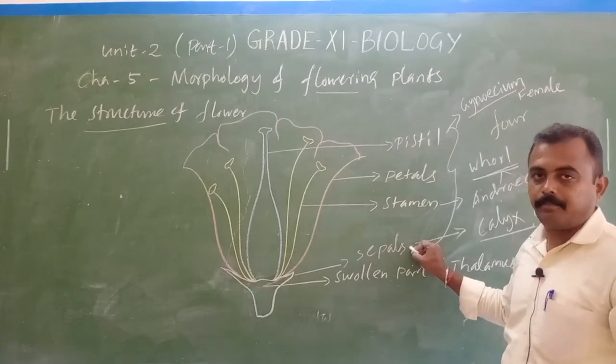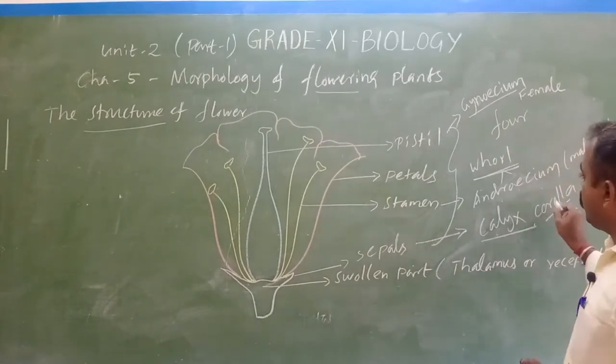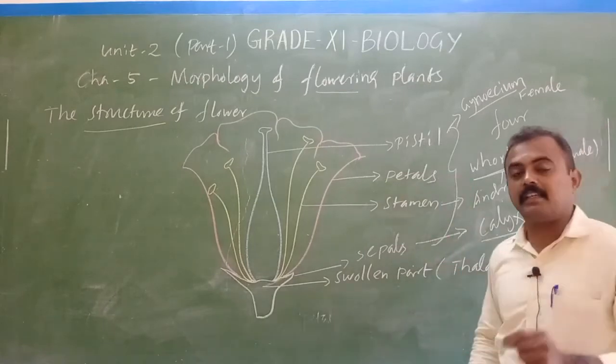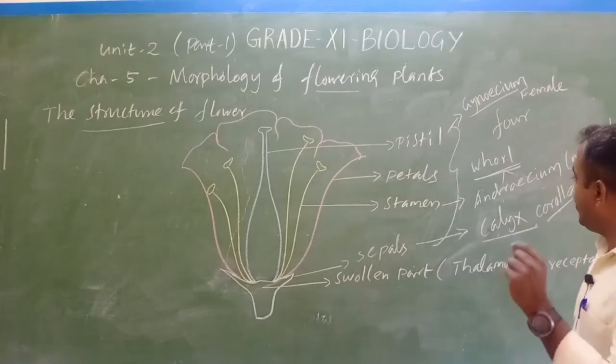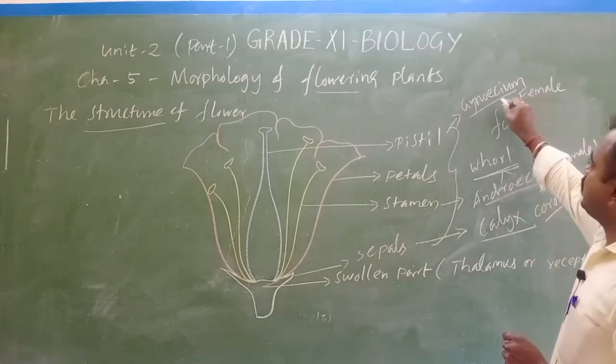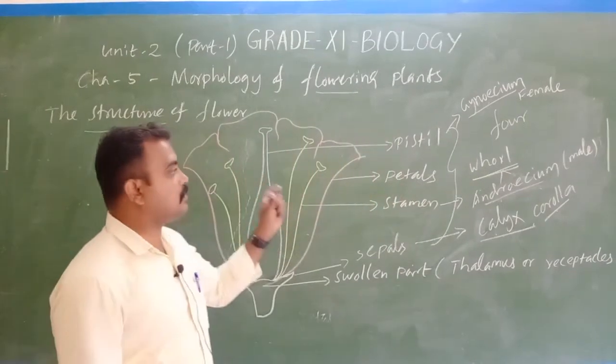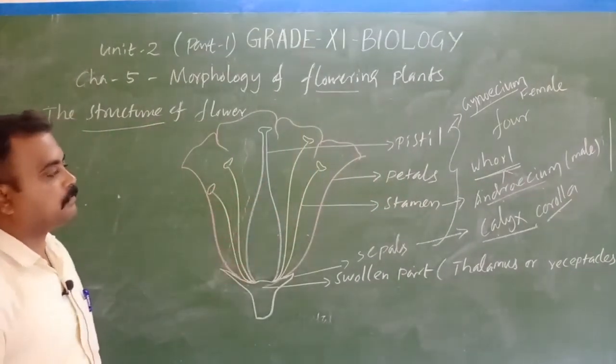Sepals. Collection of sepals is known as calyx. Then corolla, collection of petals is known as corolla. Then the male reproductive part is androecium. Then the female reproductive part is gynoecium. This is the structure of flower.